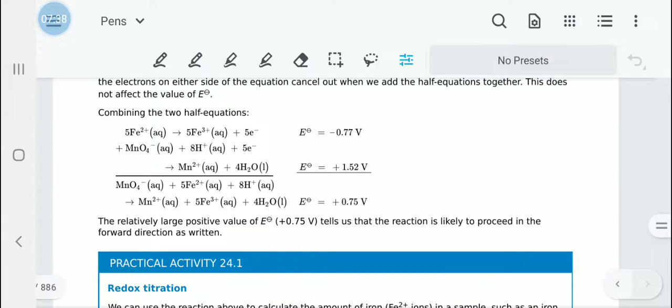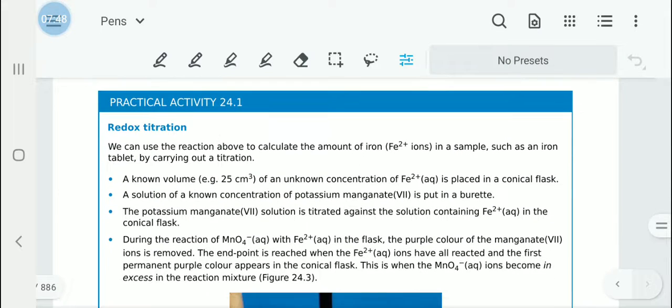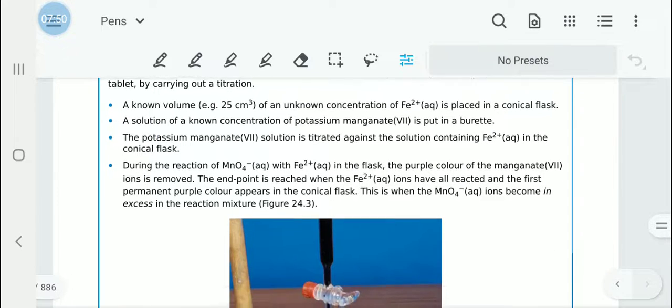That means the relatively large positive value of E standard tells us that the reaction is likely to proceed in the forward direction as we have suggested. I hope you understood that.